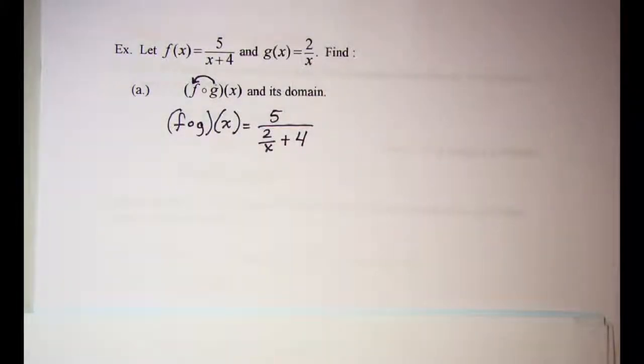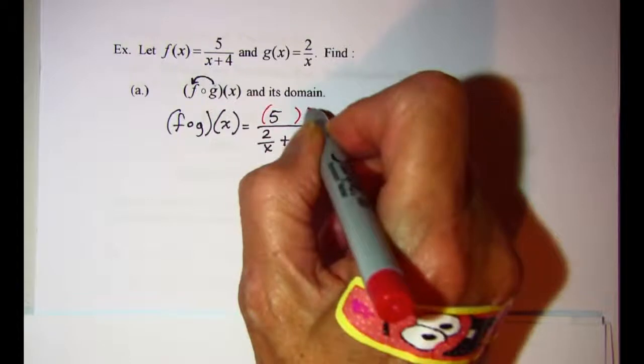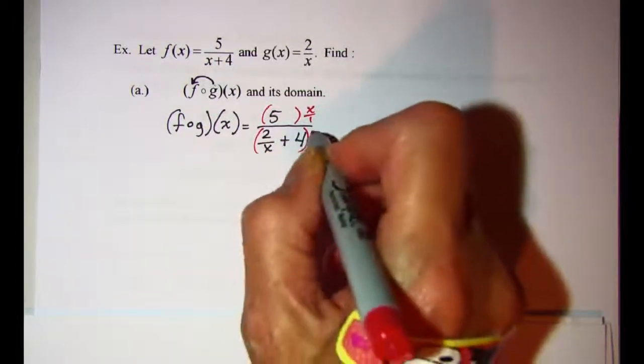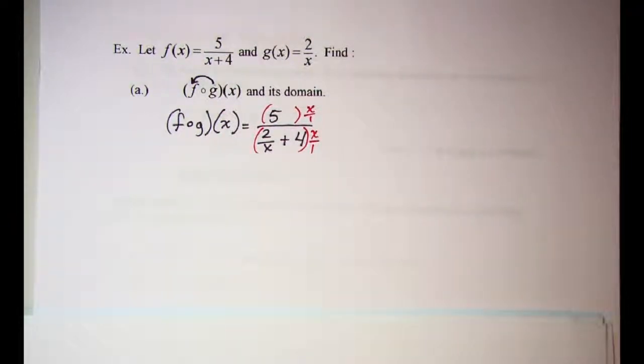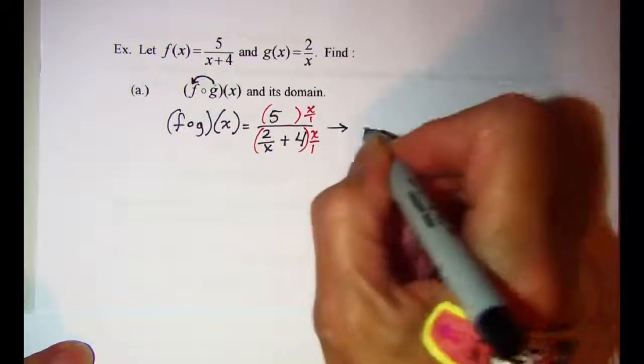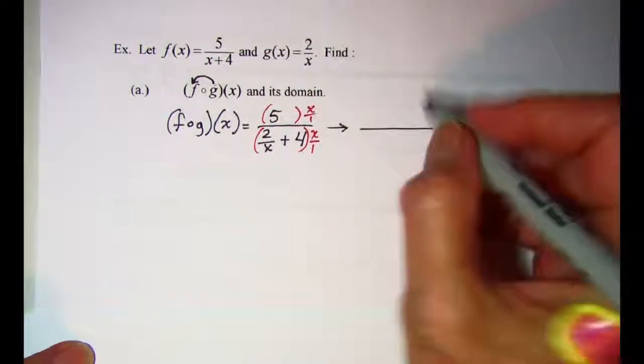Now to simplify this complex fraction, I'm going to multiply top and bottom by x over 1. So in the numerator, I have 5x.